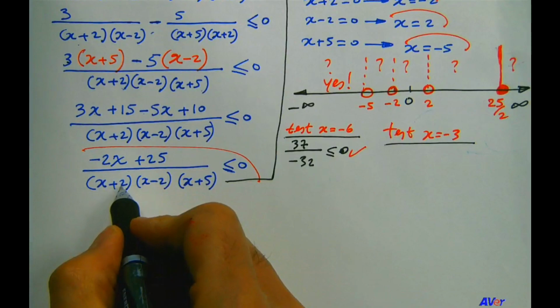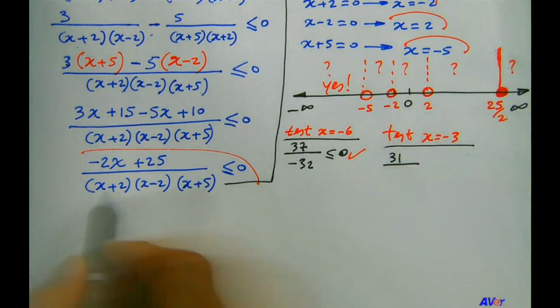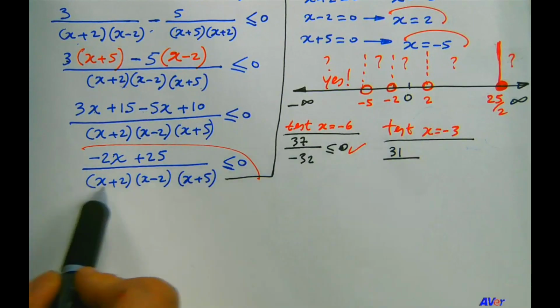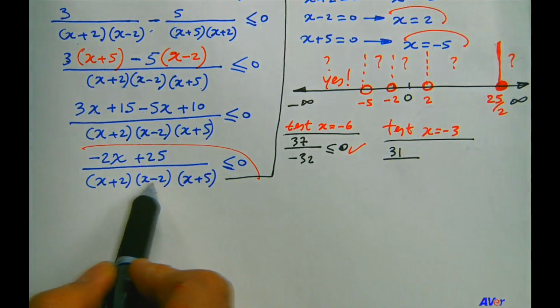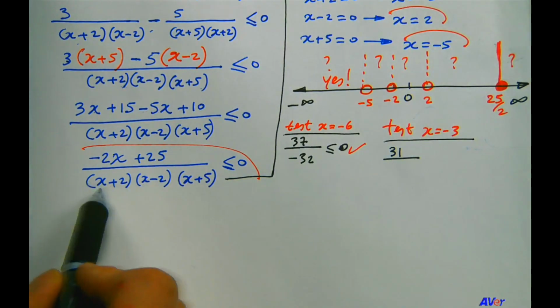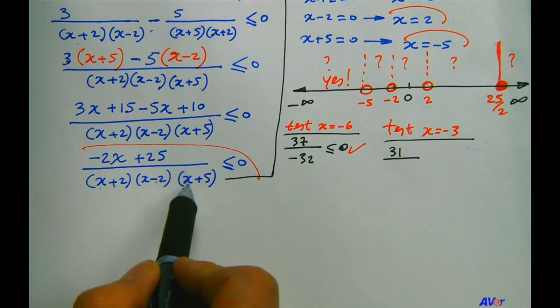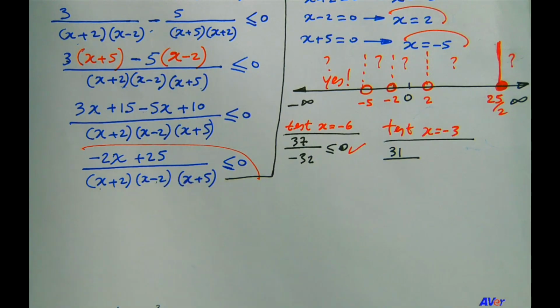Positive 31 divided by, put minus 3 here, you get negative 1. Negative 1 times negative 3 minus 2, that's minus 5. Negative 1 times minus 5, that's positive 5. Positive 5 times negative 3 plus 5, that's positive 2. So we get positive 10.